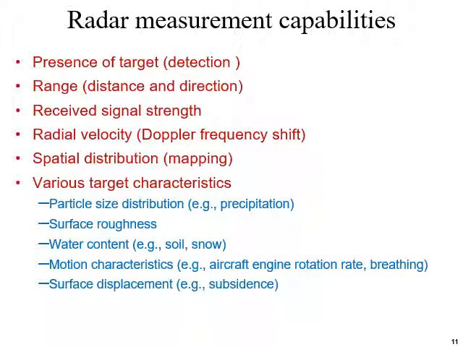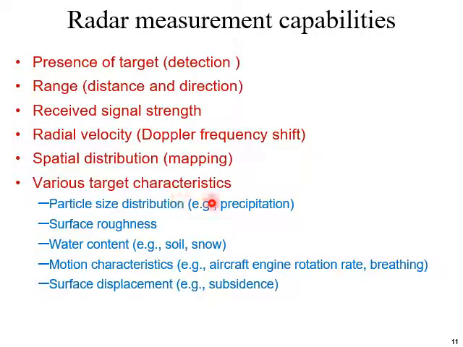Radar measurement capabilities. First of all, the presence of a target, which is called detection. It measures the range of the target, that is distance, as well as the direction. Received signal strength is useful for understanding the target properties. Radial velocity is measured with the help of Doppler frequency shift. Spatial distribution, like mapping.